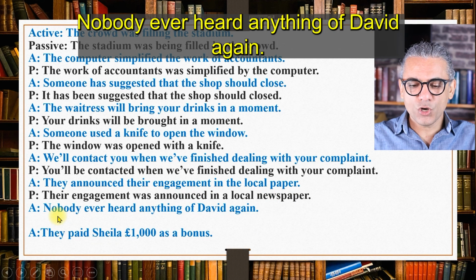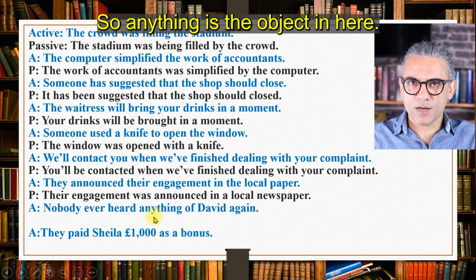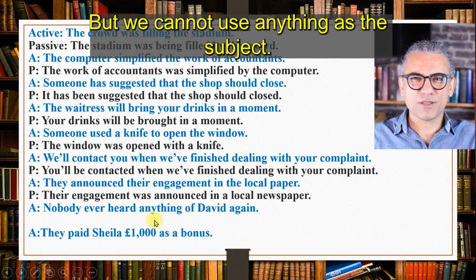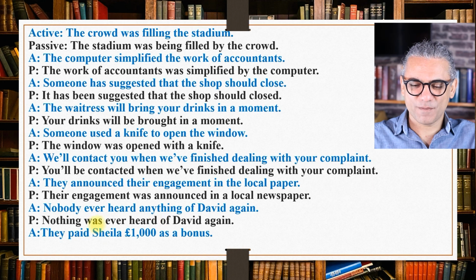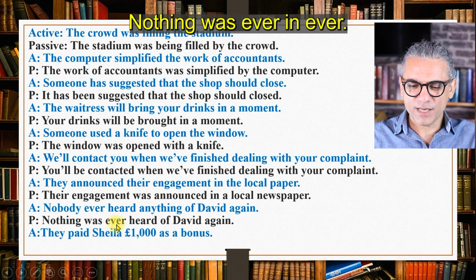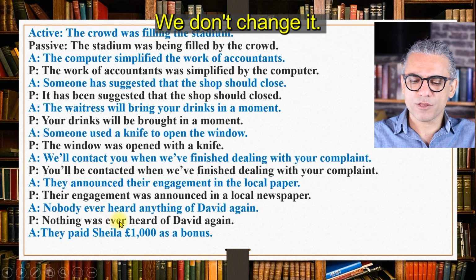The next, "Nobody ever heard anything of David again." So "anything" is the object in here, but we cannot use "anything" as the subject. We need to transform it into "nothing." "Nothing was ever heard of David again." As you can see, we use "ever" as the adverb. We don't touch it, we don't change it.